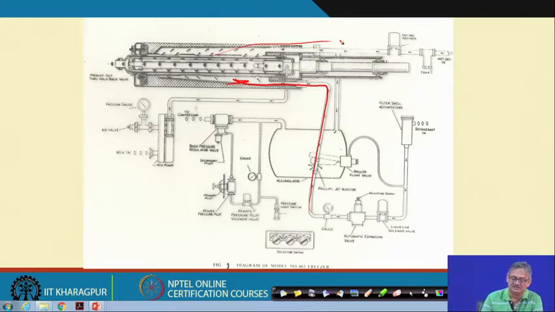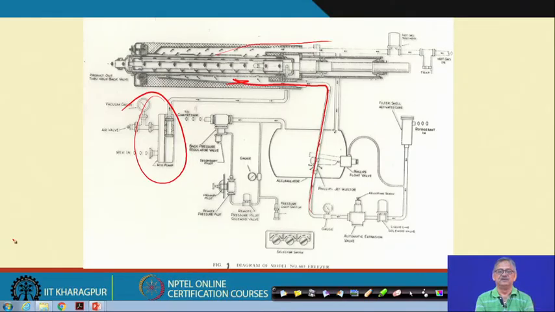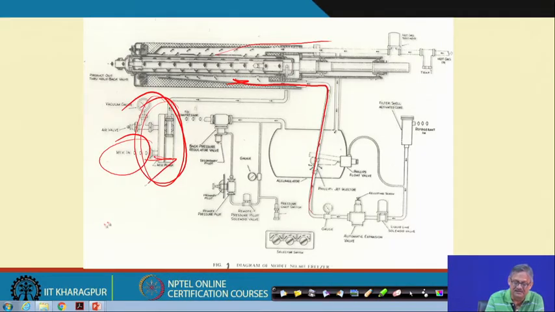Then the other two things are the mix and the air. Both mix and air go through a dual pump, right. In one case the mix is getting in, in another case the air is getting in, right.